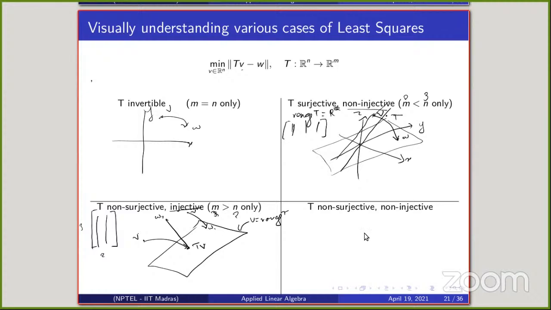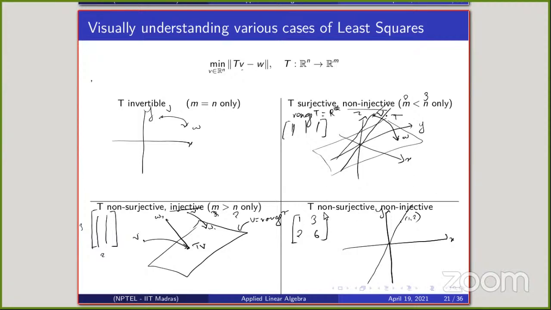For the general case, I think you would have easily guessed what it looks like. Let's take a slightly simpler case where you just have a 2 by 2 matrix, let's say 1, 2, and 3, 6, just to keep things simple. So the range of T in this case is going to be the column space. So the column space is basically the line through the origin which contains 1, 3 and 2, 6, and is going to lie somewhere around there.